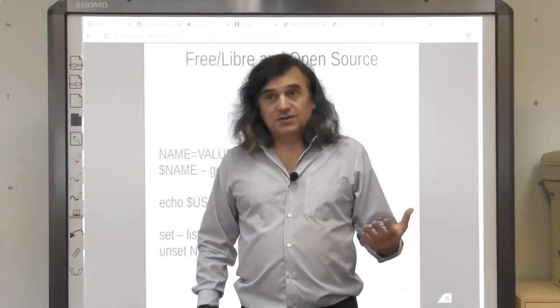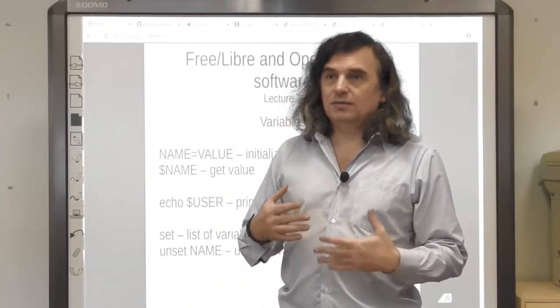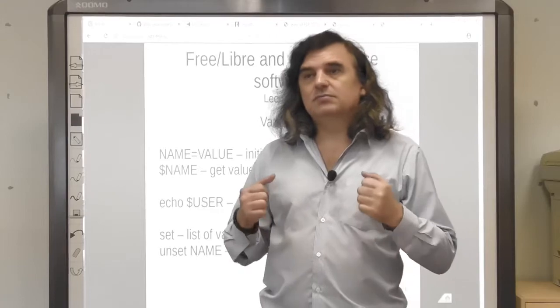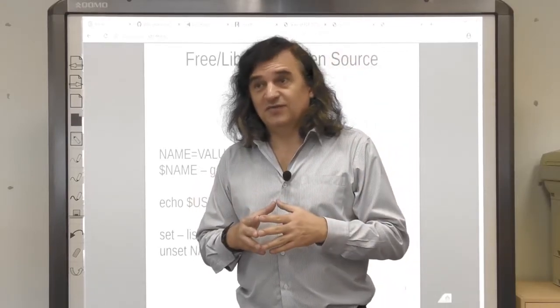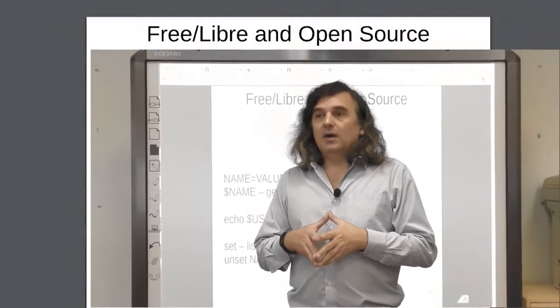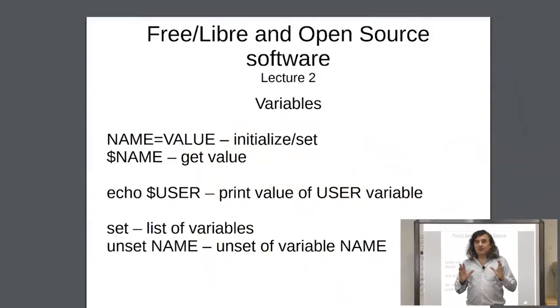The shell supports a special kind of resource called environment variables. Those variables are just a name, value pair. The name can start with a letter and be composed of letters, numbers, and underscores.